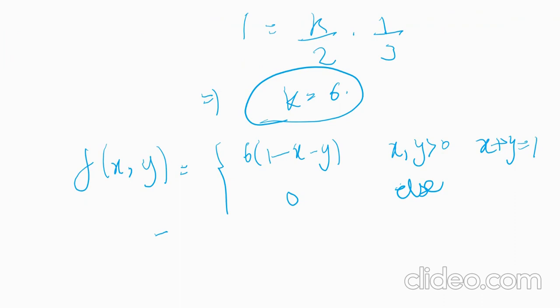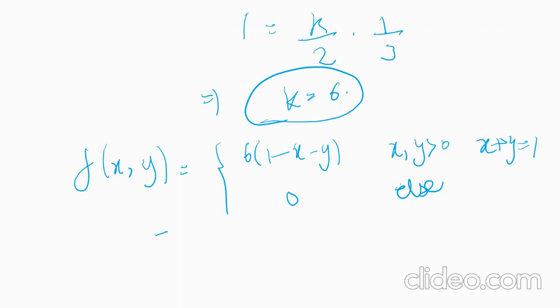Then for the y limit, the lower line is y equal to 0, and the upper line is x plus y equal to 1. So y will be equal to 1 minus x.